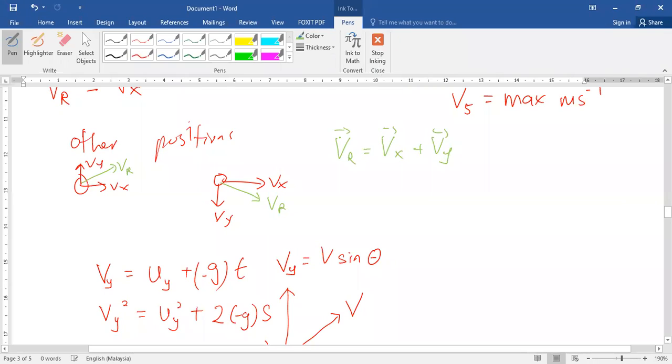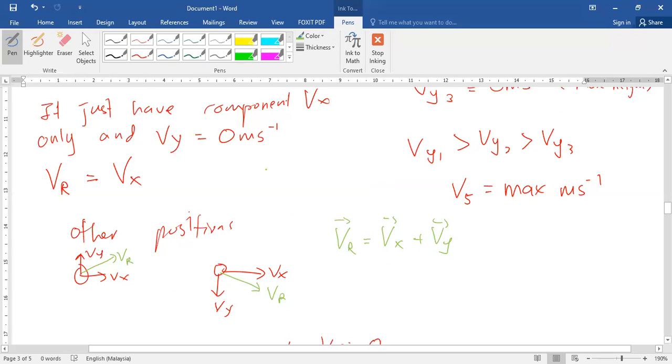That means they have two components and so it is faster. But at the maximum position, Vr is equal to Vx only, without another component. So we say that it is the slowest.